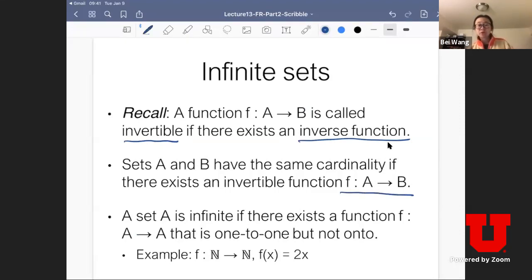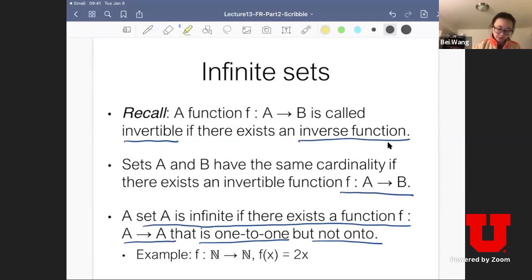And if we want to show a set is infinite, it suffices to show there exists a function that is one-to-one but not onto. So this last bit is a really interesting property, and that might be useful in proofs. For example, I want to show the set N, which is the set of natural numbers.